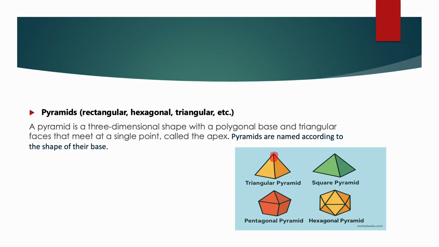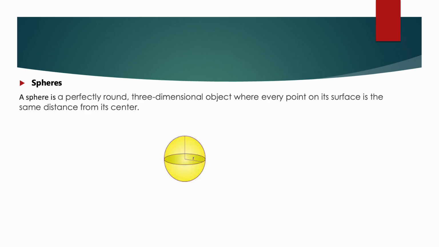Whereas here, if you were to flip that over, you would see that the base of the pyramid is in the shape of a square. Same thing goes here with the pentagonal pyramid and the hexagonal pyramid. So their name is given according to the shape of the base of the shape.